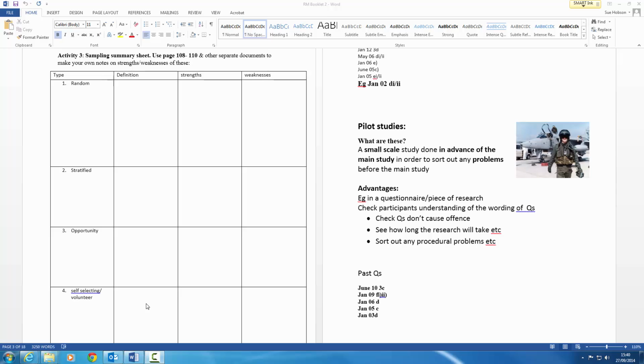Or it could be that you are doing an experiment like the Piliavin one on a subway, and the people who get involved stop and help the stranger. They are actually volunteering their help, and therefore they have volunteered into the experiment without realizing. So we can have either of those scenarios.